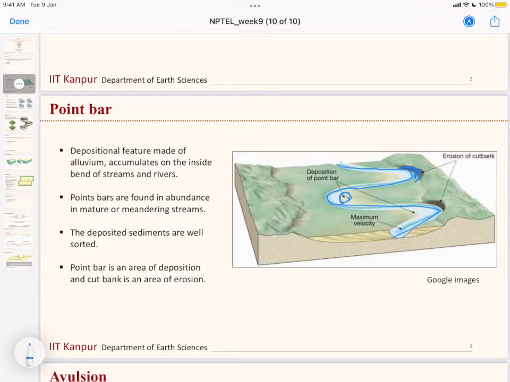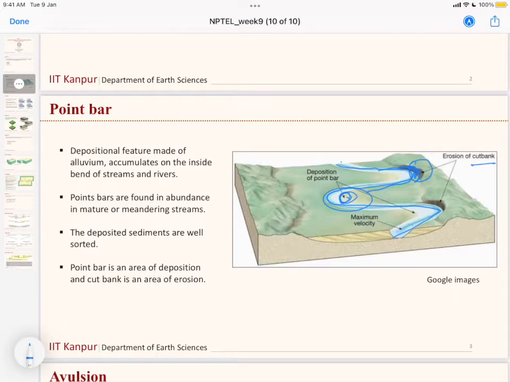Here you can see that from this direction it is converging to this direction, so this is the point where the path is getting changed. At this point maximum erosion happens, and that's why we see features like the cut bank in this area. In a similar way, the area which comes inside the stream, when the stream path changes, is where we find the point bar, where the sedimentation happens.